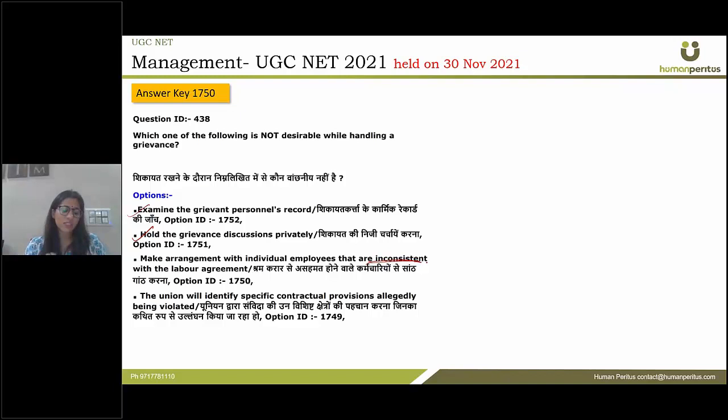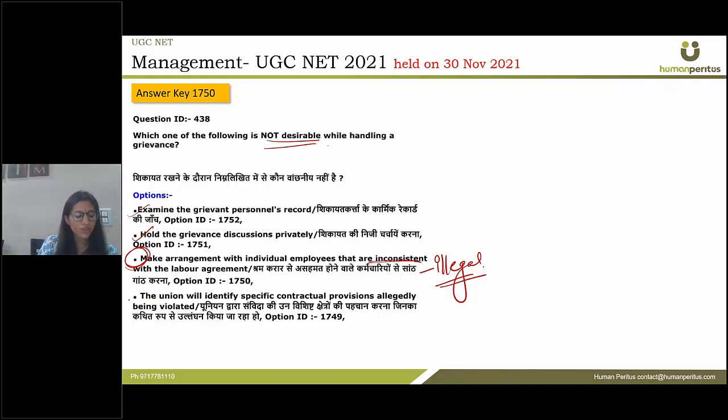How can something inconsistent with an agreement be desirable while handling anything, be it a grievance or anything else? It straightforwardly makes it an illegal thing to do. All right. So this is clearly the correct option, which is not desirable. There is nothing desirable which is inconsistent with any kind of labor agreement.